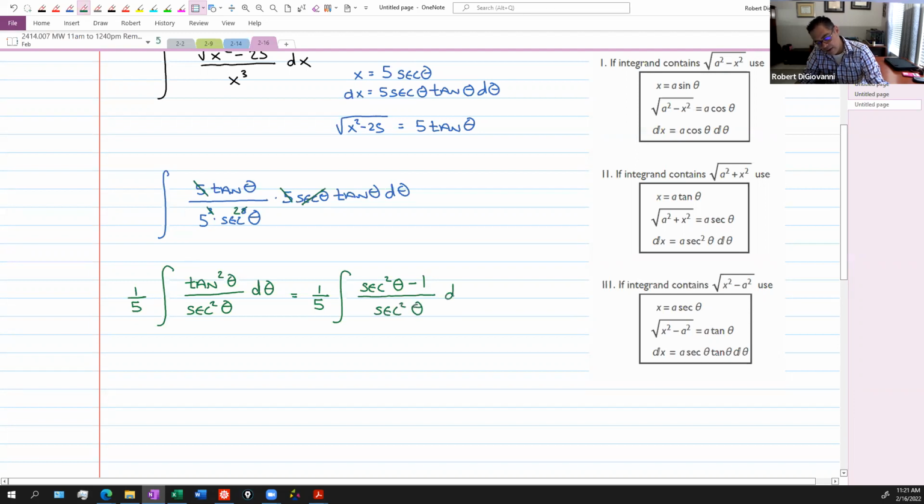Look, this is not the only path that you could have gone down, all right? If you wanted to, you could have done this instead: sine squared theta over cosine squared theta over 1 over cosine squared theta. I actually like that one better, because then the cosine squareds just cancel right away and you're left with sine squared. But I'm going to stick with this because why not? Okay, we should get the same answer.